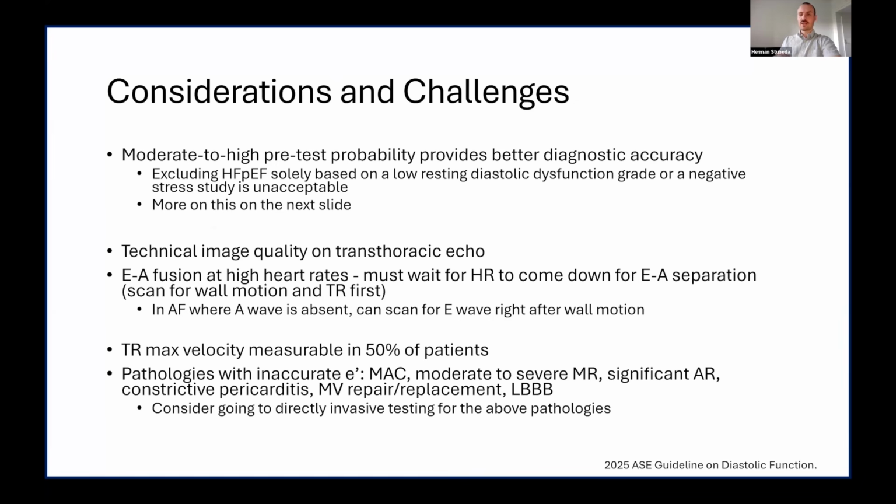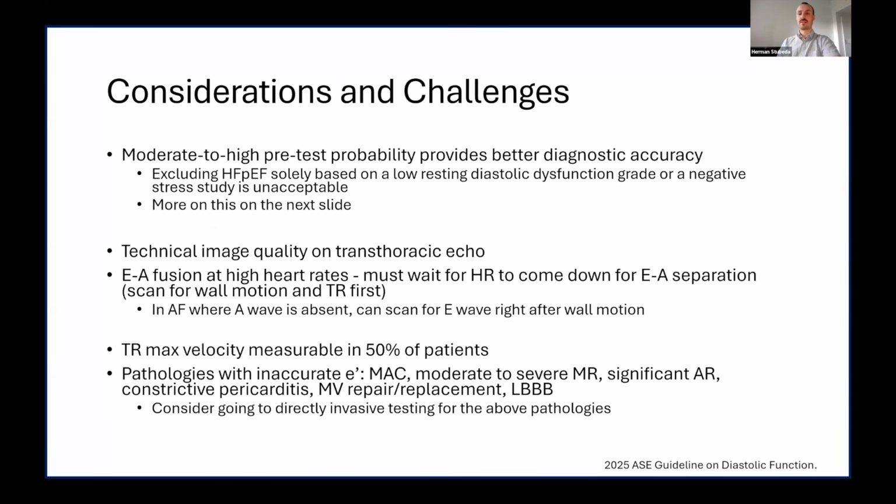In this last part of the talk, I'd like to touch upon some considerations and challenges to be aware of when ordering and performing diastolic stress tests. First and foremost, in the clinical situation, having a higher pretest probability will improve the usefulness of the diastolic stress test in ruling in and ruling out HFpEF.